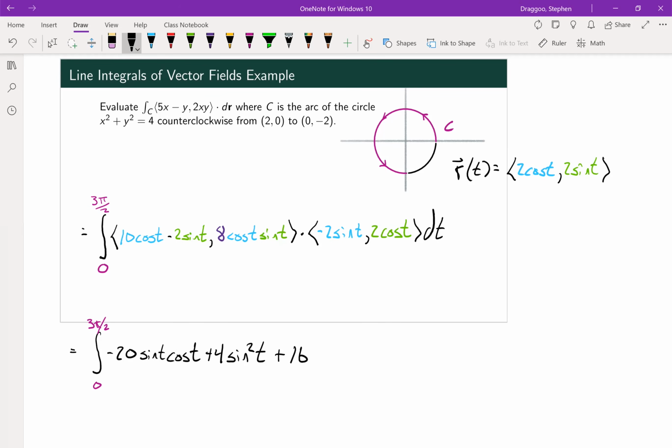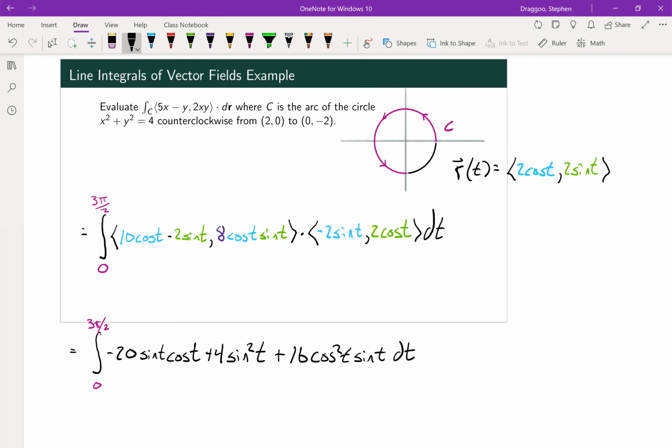We'll have cosine squared t times sine t. Oh man, my trig teacher would be rather upset at me for that. Oh hey, my trig teacher's me, kind of.